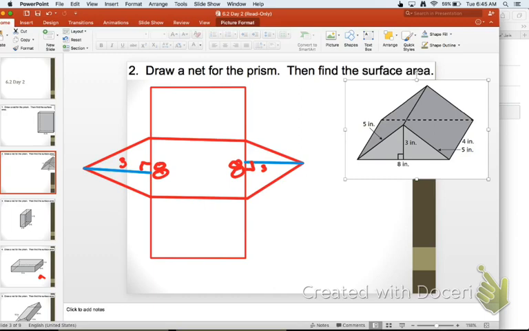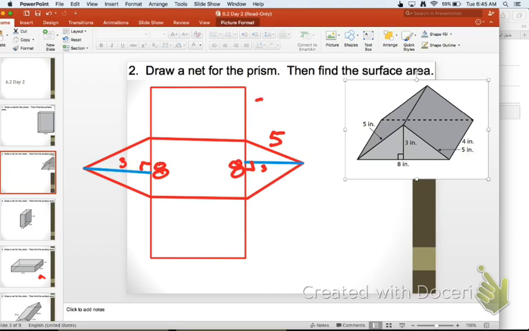All right, now I can see that here my other side of my triangle face is going to be 5. So I'm going to write my 5 here. If this is 5, that means then when I fold this together, it's going to touch this side of the rectangular triangular prism.